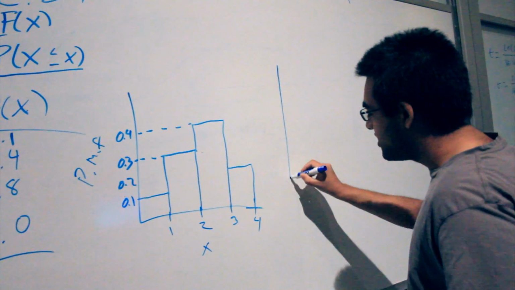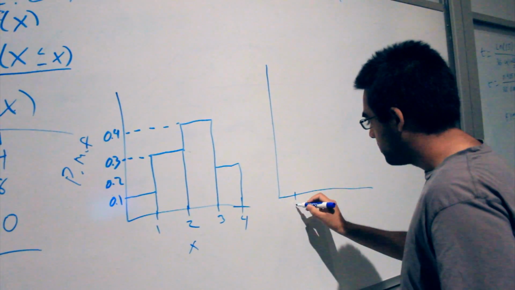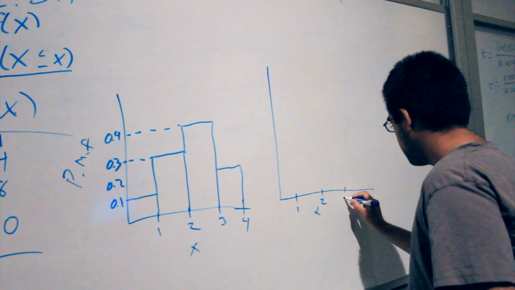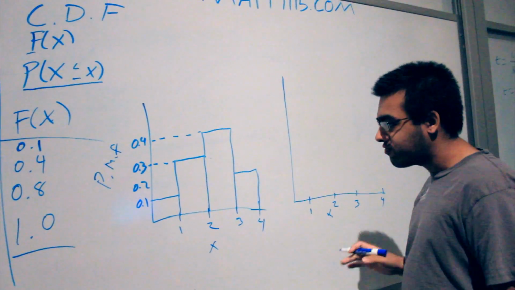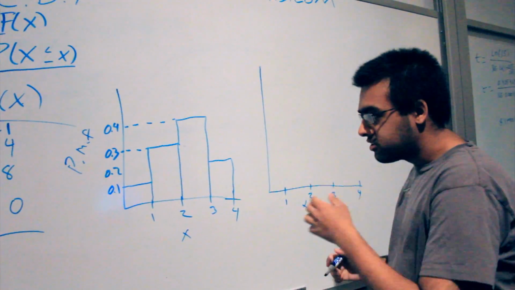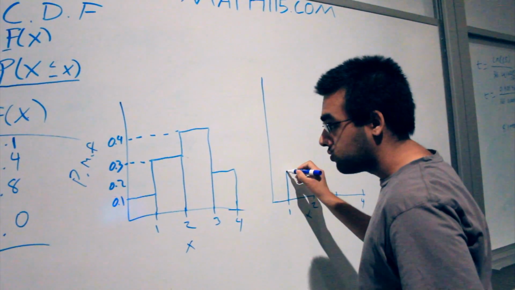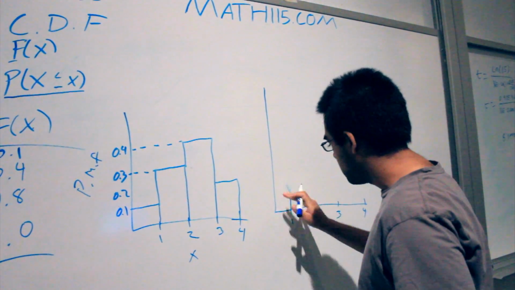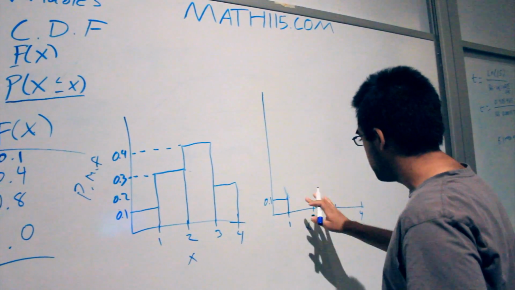So let's see how that changes when we do a graph for the CDF. It's still going to be a bar graph, but it's not going to be the same bar graph. You're going to actually graph these numbers over here. So we're going to start off with 0.1. So the CDF of 1 is 0.1.